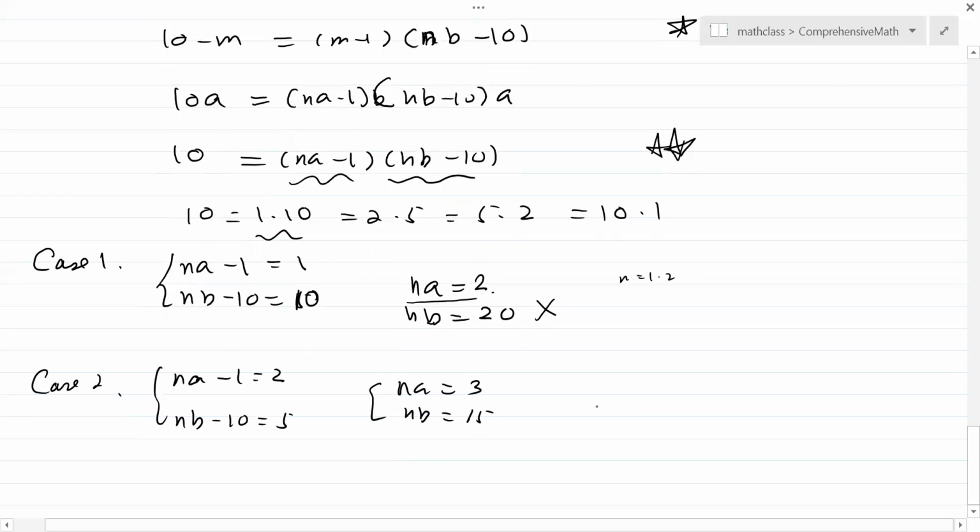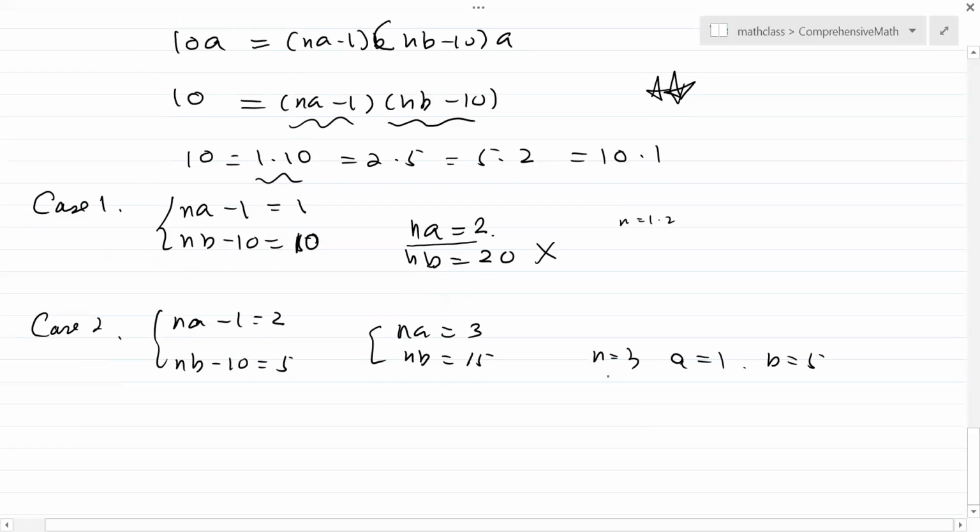I think the only solution I can get is n could be 3, a is 1, and then b equals 5, because n is 3. The other choice is n is 1, but if n is 1, b cannot be 15. So that's the only possible solution.